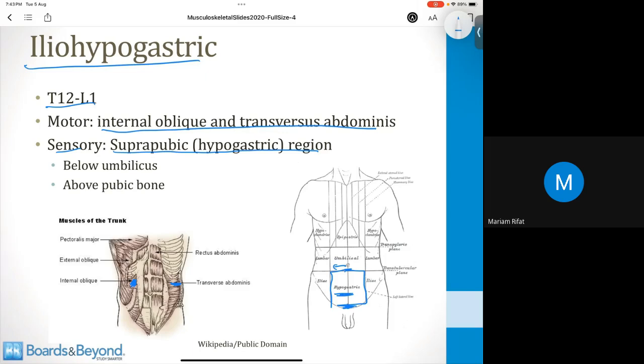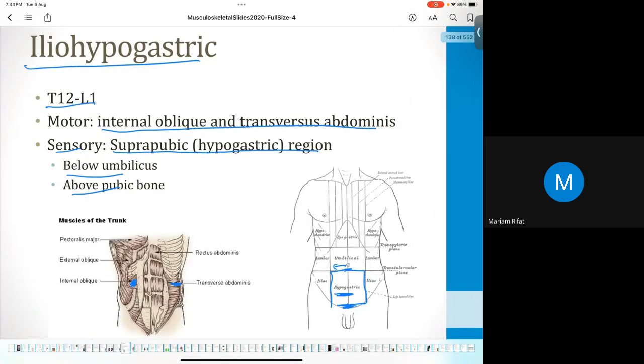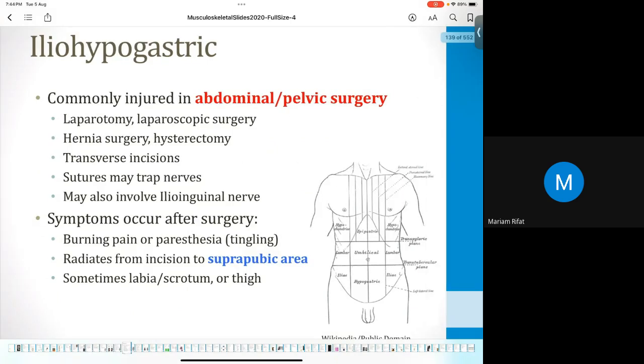So you have motor and sensory supply: motor to the internal oblique and transversus abdominis, and sensory to the suprapubic area, below the umbilicus and above the pubic bone.